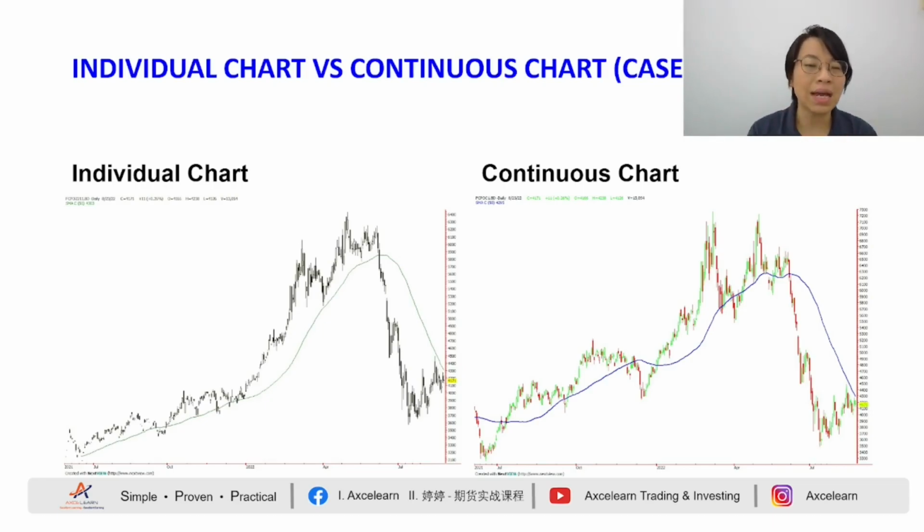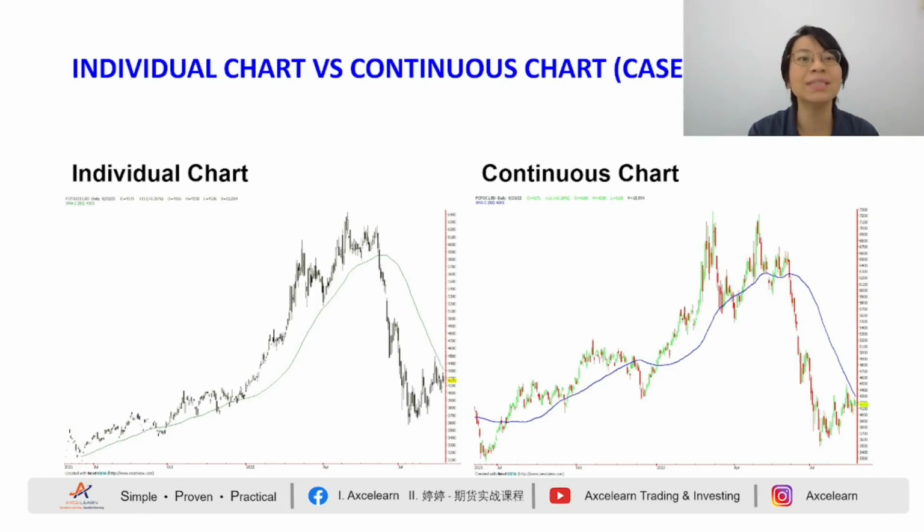If you insert the SMA 50 on the individual month, the November month itself, which many retailers like to use for analysis, it is very different from using a continuous contract month.